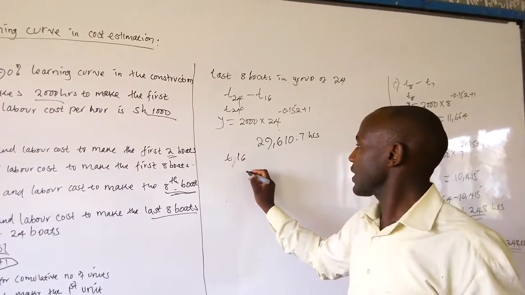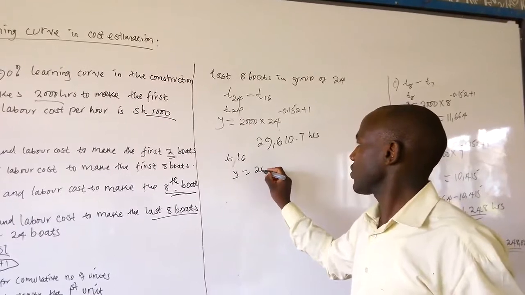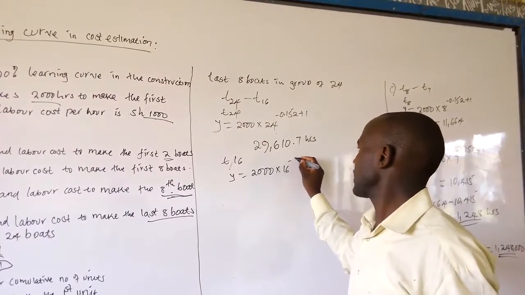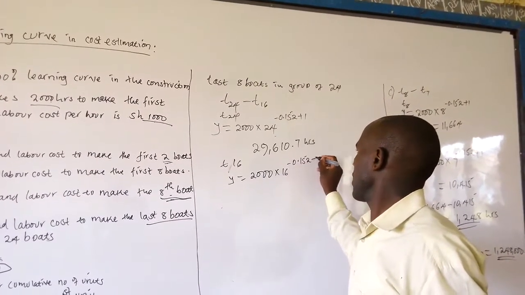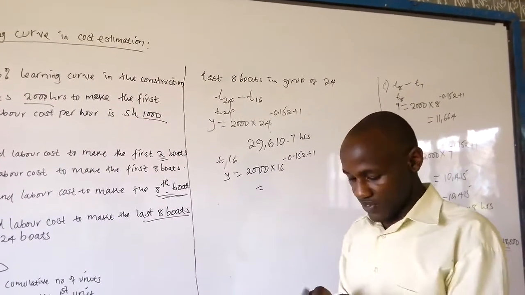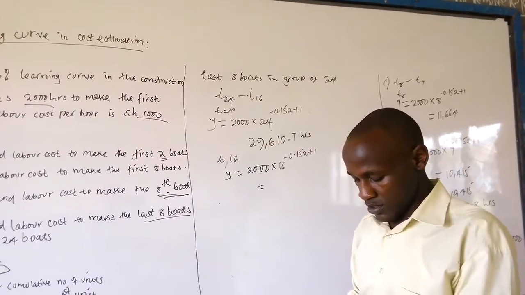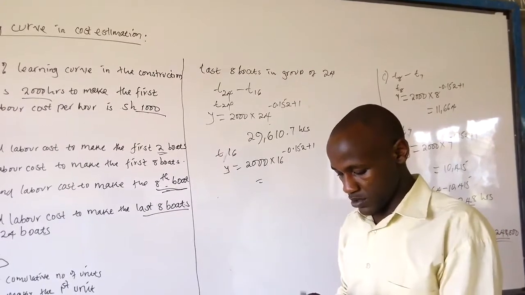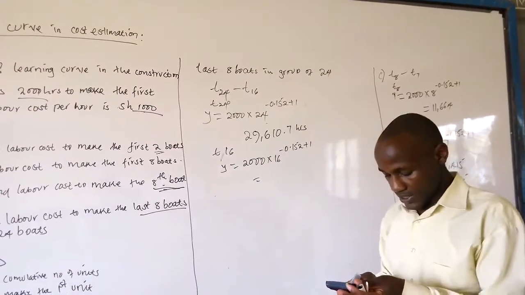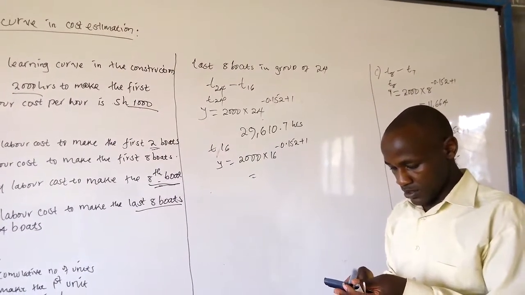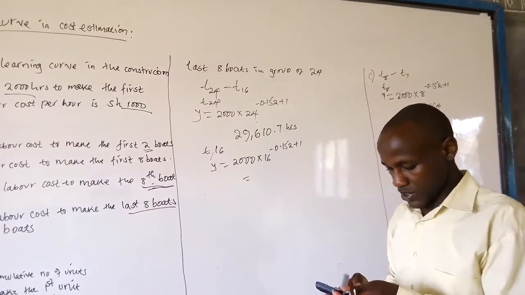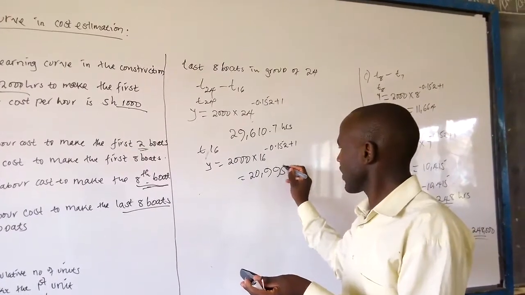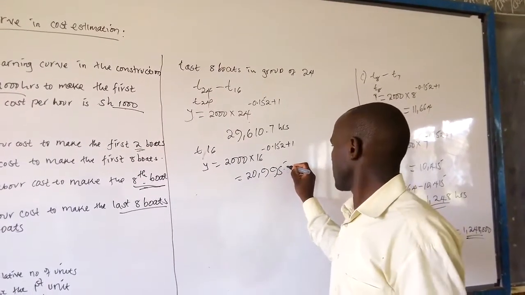Then for 16, y will be equal to 2,000 times 16 raised to power negative 0.152 plus 1, and this gives us 20,995.4.